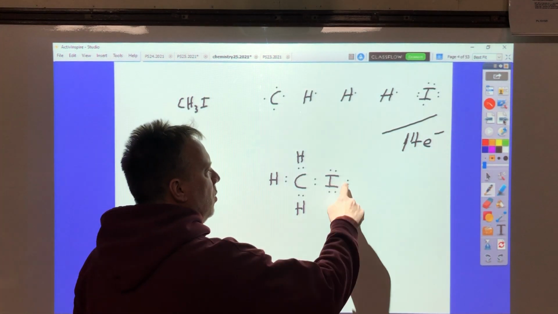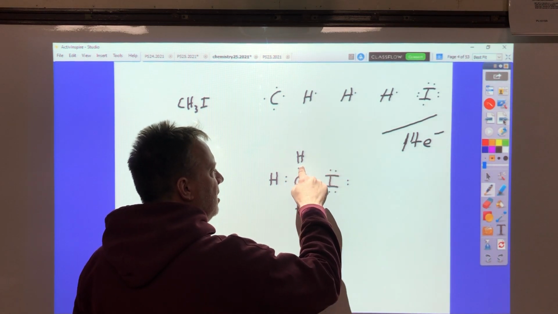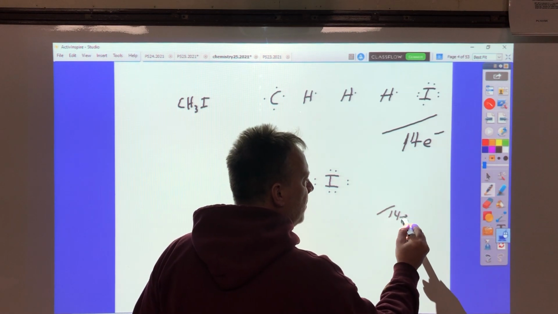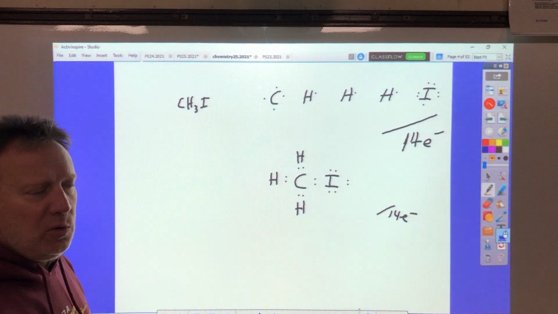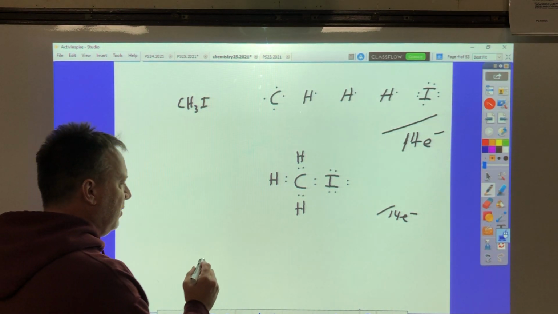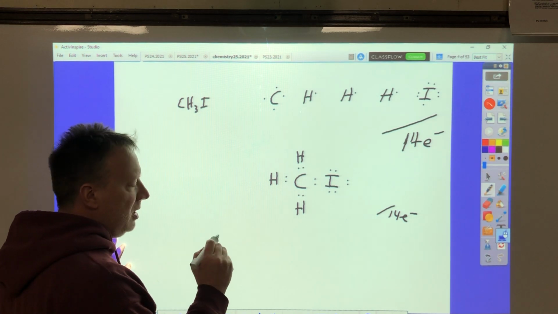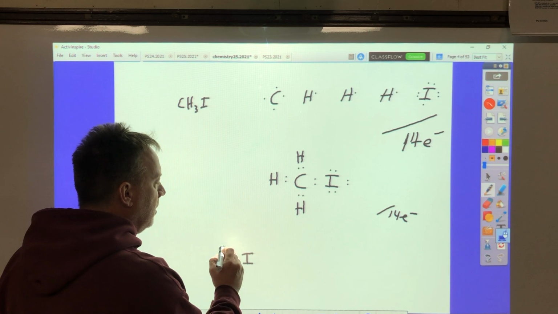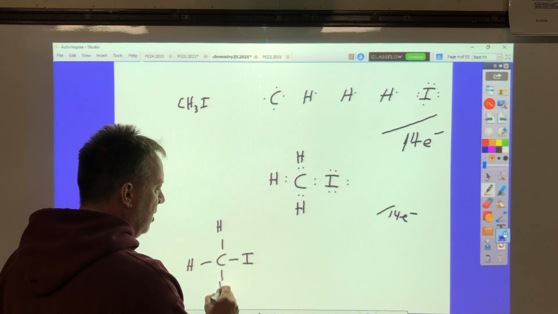We add, we get 1, 2, 3, 4, 5, 6, 2, 4, 6, 8, 10, 12, 14. So we are done. We're ready. Now we just finish the Lewis structure off by drawing in sticks for the shared pairs. This is covalent bonding, different from the ionic we talked about. Hydrogen, hydrogen, hydrogen.